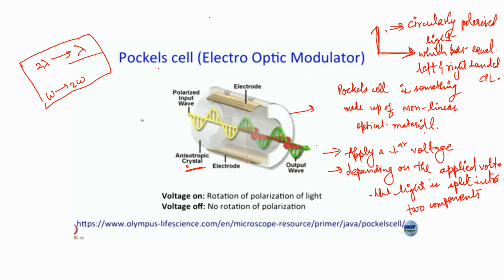As you can see, this is an equal amount of right and this is an equal amount of left, so it appears to be circular, and that is why it is called circularly polarized. If the right-handed component ER and the left-handed component EL have some difference in value, say EL is greater than ER, then what you get is elliptically polarized light.